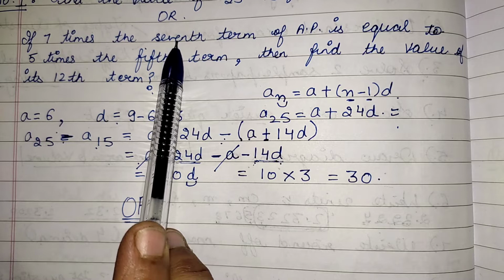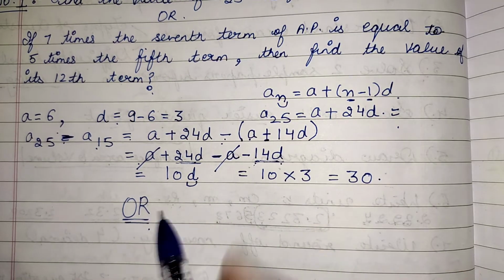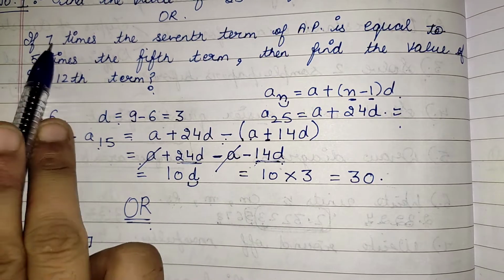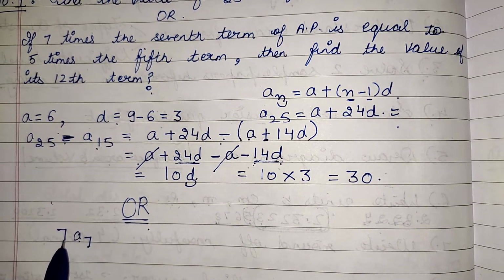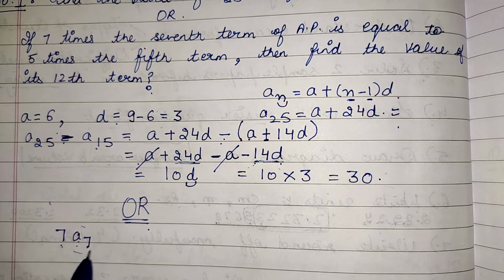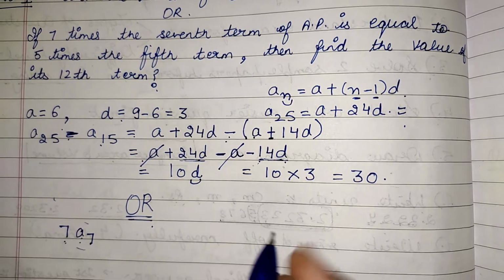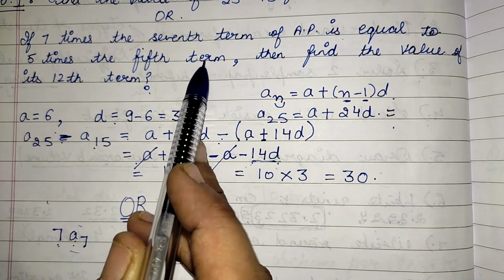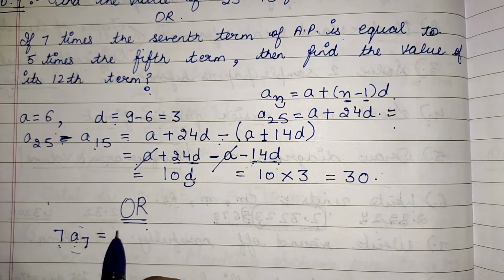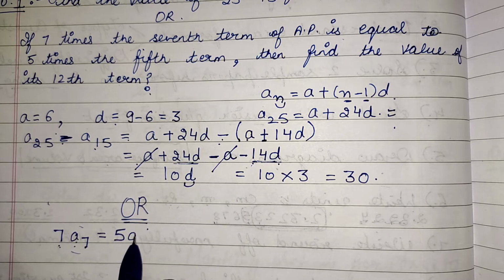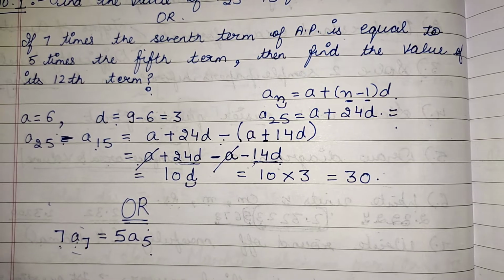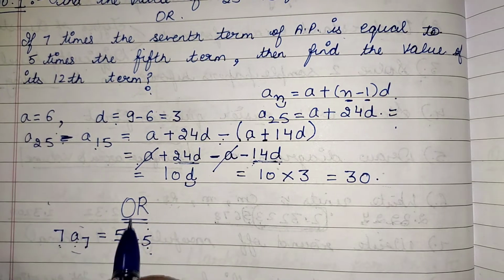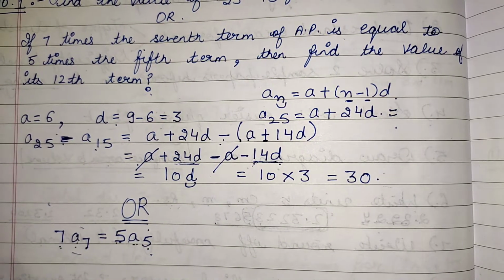If 7 times the 7th term of an AP, the 7th term is A7, so if I multiply my 7th term by 7, this is equal to 5 times the 5th term. The 5th term is my A5, and 5 times means I multiply this by 5.